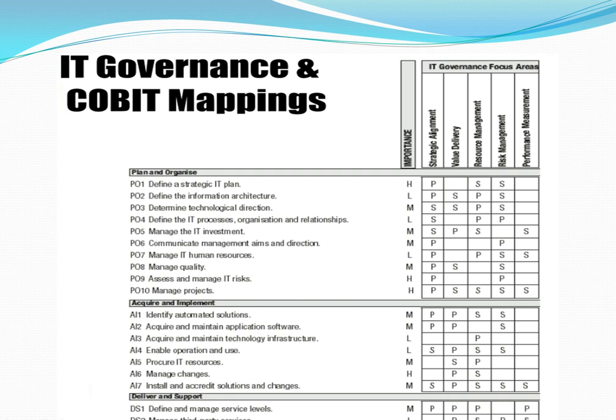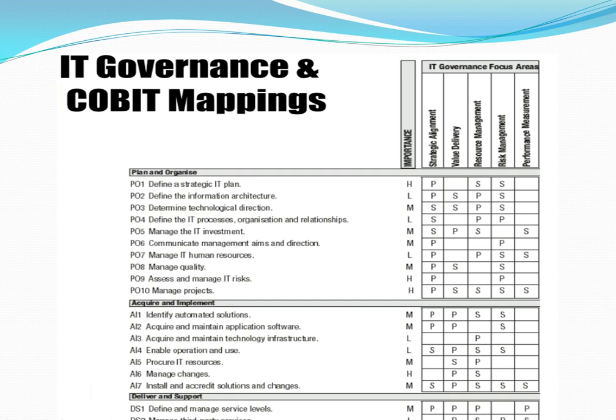Like for PO1, you have P for strategic alignment, you have S for resource management, you have S for risk management. So you look at that as you map them with their level of importance. For example, define a strategic IT plan is very important, so it's high. Define the information.